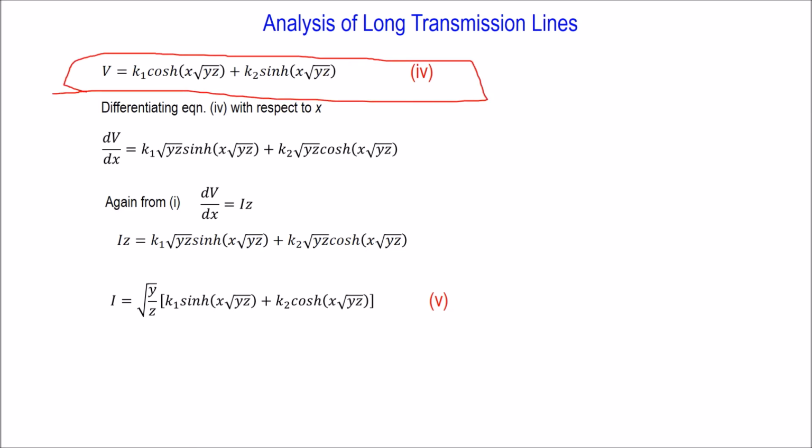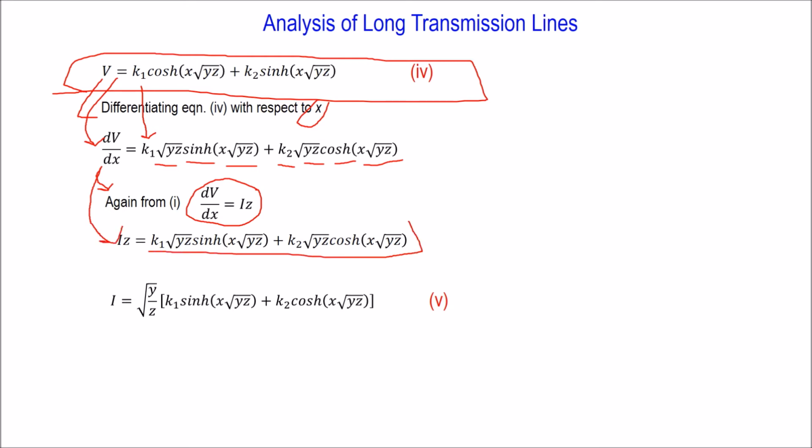Now we differentiate equation 4 with respect to x. So what we get? dV/dx equal to K1 √(yz) sinh(x√(yz)) plus K2 √(yz) cosh(x√(yz)), right? Again from equation 1 we already know dV/dx equal to Iz, so we can write Iz equal to this right hand side.